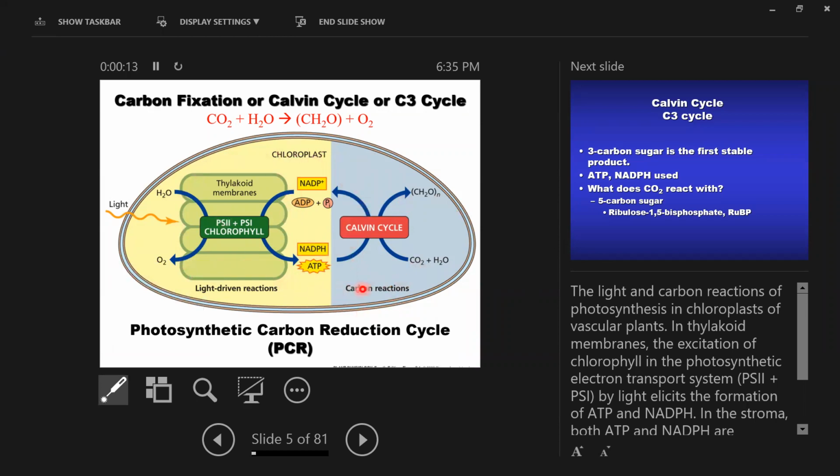Remember, I don't like the way the artist did this so much, because I don't want you to think that the Calvin cycle can take place during the night. Remember, it can't. And so I'll refer to it as the C3 cycle or the Calvin cycle. That's usually how I phrase it on exams.